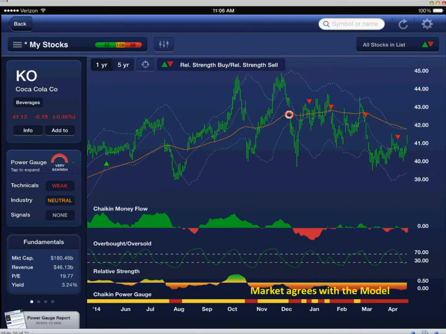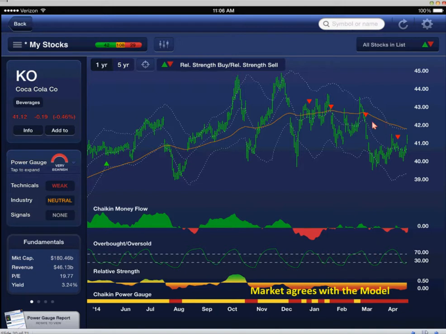Now, why is that important? Well, it's important because you don't want to put your money either in trades or in your 401k plan into dead stocks. Coca-Cola has been a dead stock. They're threatening to come up with a new corporate business plan. Can't get their act together. It's pretty amazing, this storied company. Market agrees with the model. Underperforming, bearish power gauge rating.